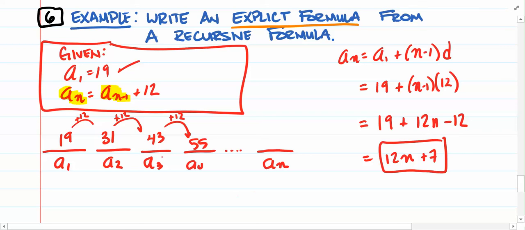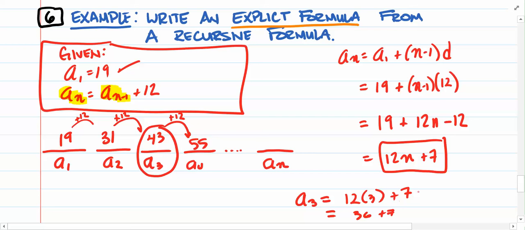If we plug in, for example, a 3 for n, we should get a value of 43 out. Is a sub 3 equal to 12 times 3 plus 7? That gives us 36, and then we add 7, and that gives us 43. So this must be the explicit formula.